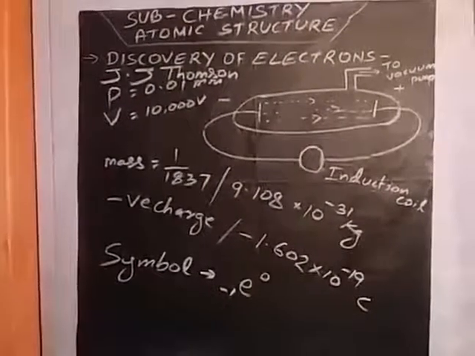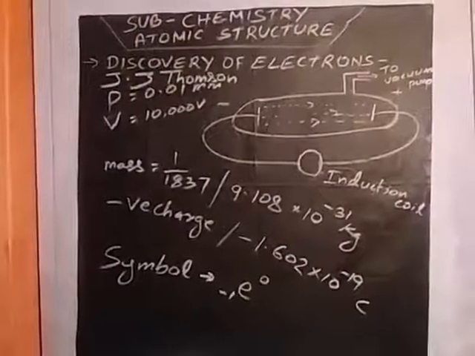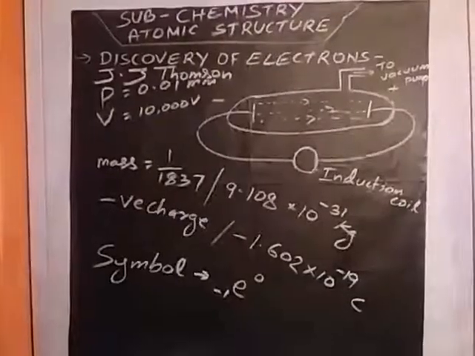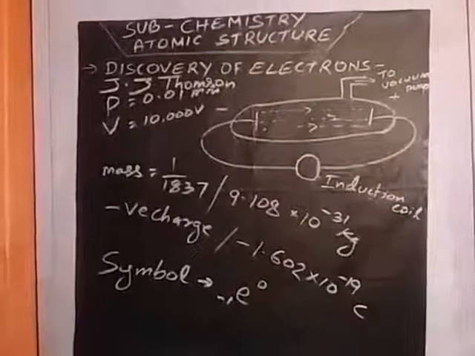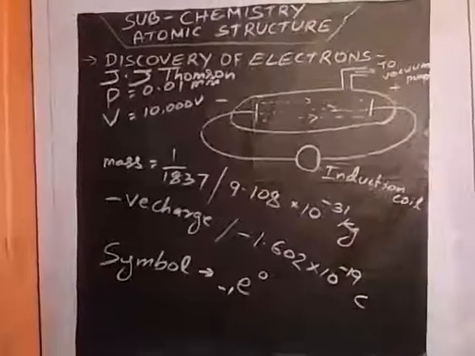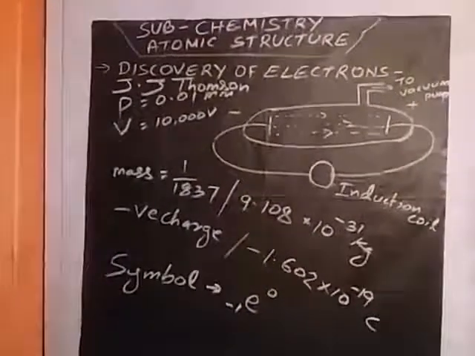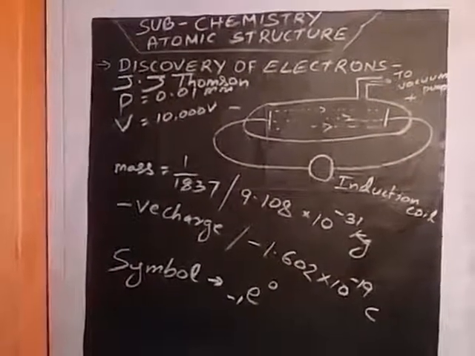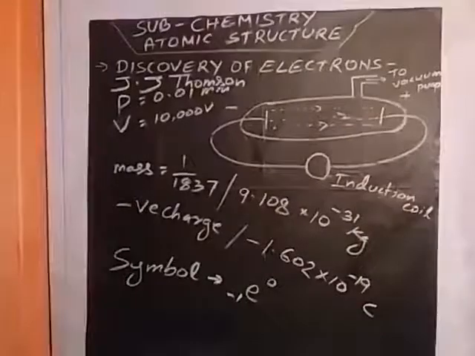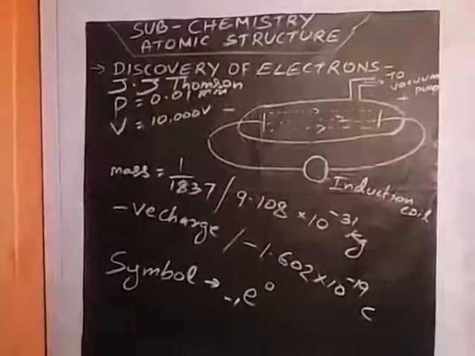That means atoms of negative electricity. These negatively charged particles are an integral part of all atoms. In all atoms there is a compulsory part, that is negative, the electrons. Electrons have both a definite mass and a definite electrical charge.